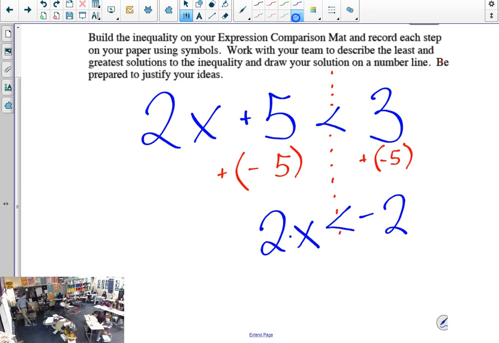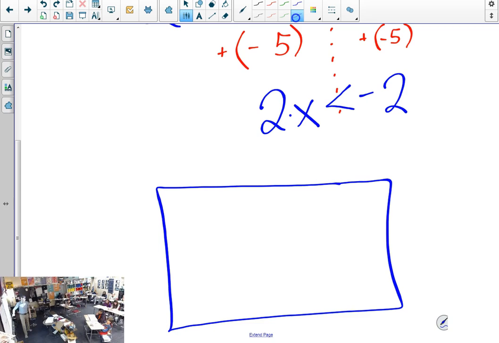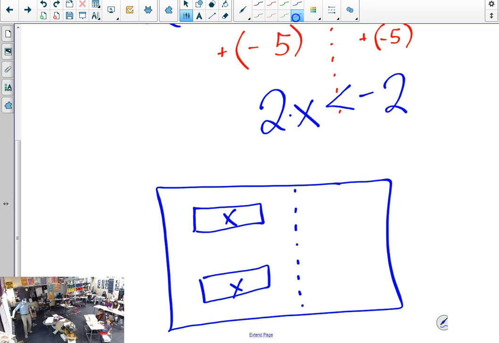Ella, if we have 2 times what we want, how could we get what we actually want? Well, this is tough, because if you were doing the actual tile math, this would be hard to think about. It's hard to hear you, actually. So imagine that we have 2 x's, and they're being compared.